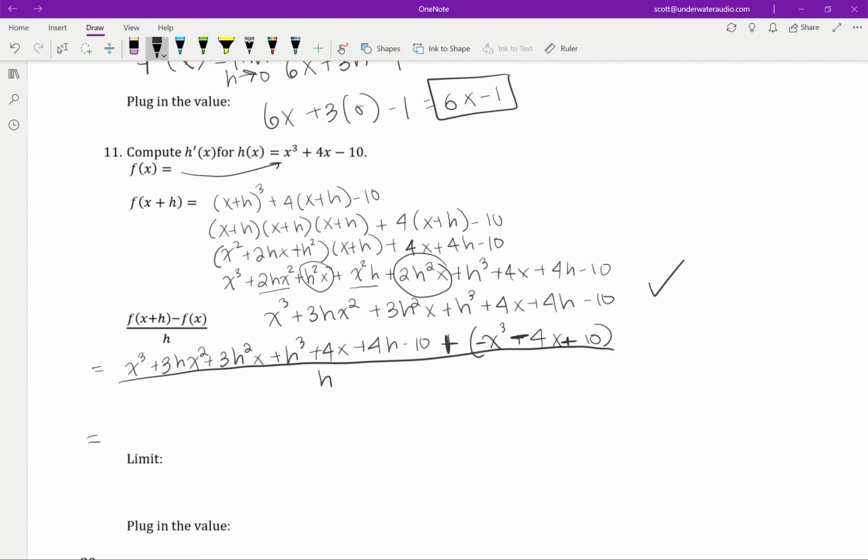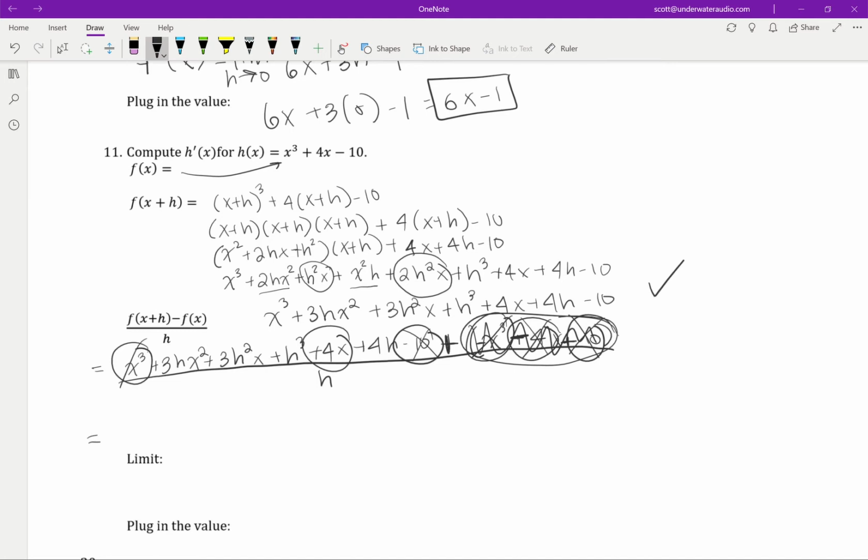Okay, so this is good. I have an x cubed and a negative x cubed, so those are going to cancel. And then I have a 4x and a negative 4x. Those cancel. And then a negative 10 and a positive 10. So this entire right side here, all of that got canceled.